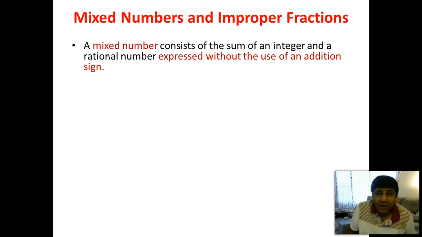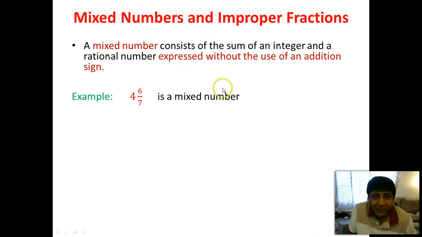Precisely speaking, a mixed number consists of a sum of an integer and a rational number expressed without explicit use of an addition sign. What I mean here is this one. This is a mixed number, 4 and 6 over 7. What it basically means is that 4 is added to 6 over 7, but we don't write the addition explicitly here.